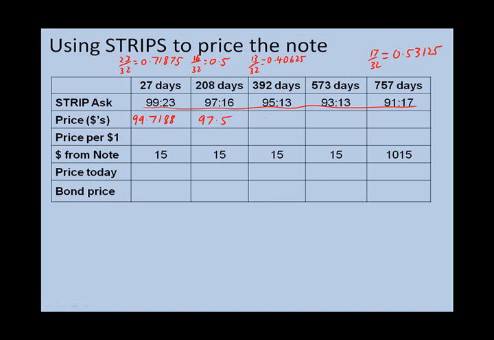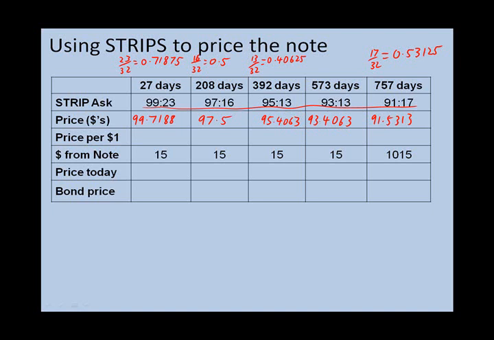For the 392 days, we're looking at 95.4063. For 573 days, we're looking at 93.4063. For 557 days, we're looking at 91.5313.